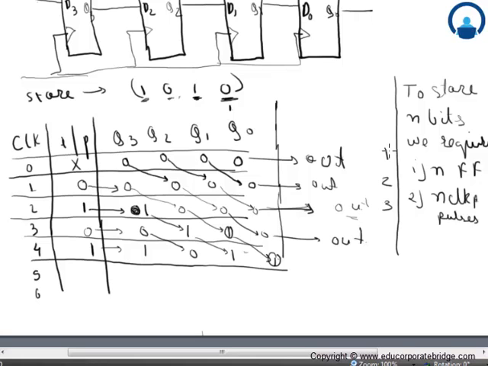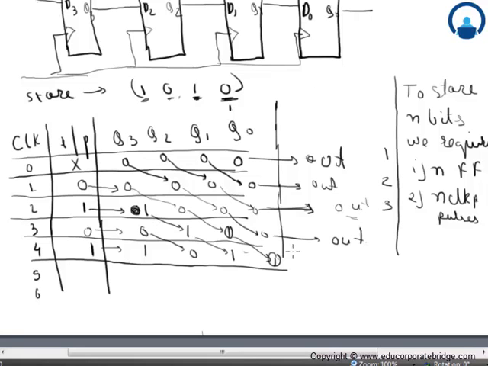Now let's check out the number of clock pulses required to extract the bits. We have stored the bits here serially. As we can see, it moves first here and then here and then here and then here. That is, the output is serial. Similarly, let's check out the number of clock pulses required to take the output serially.